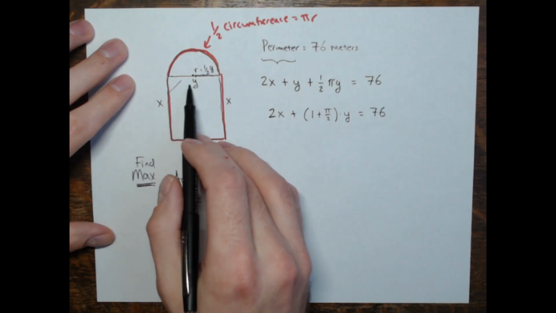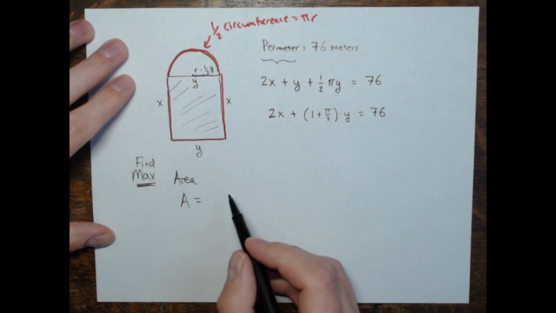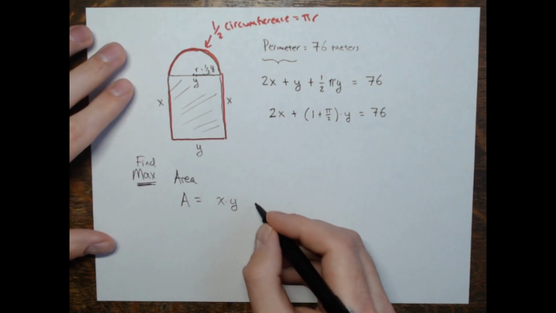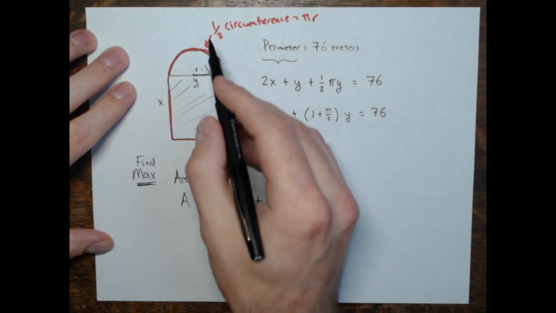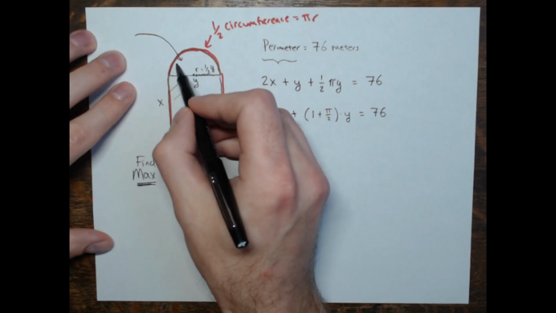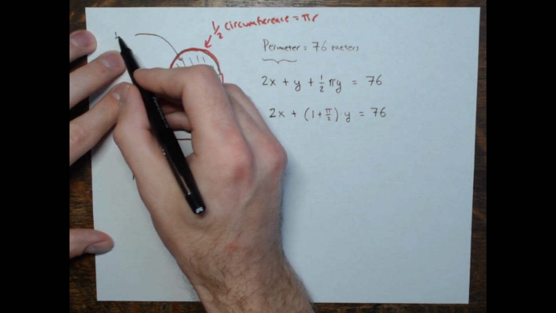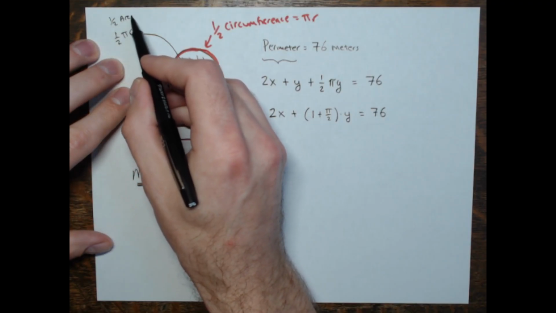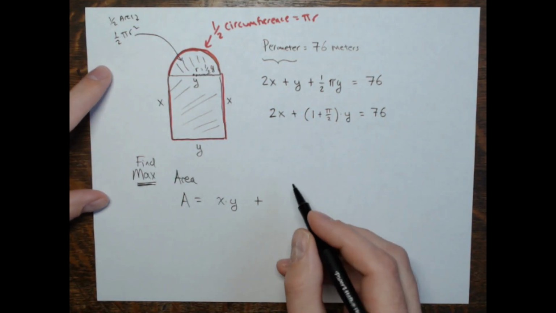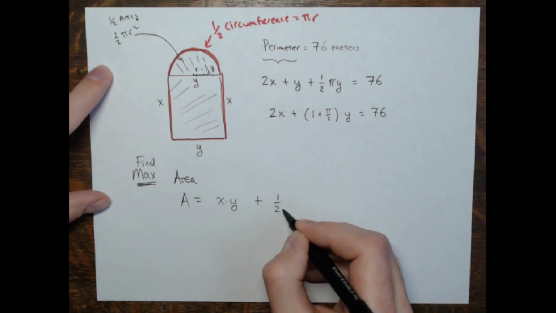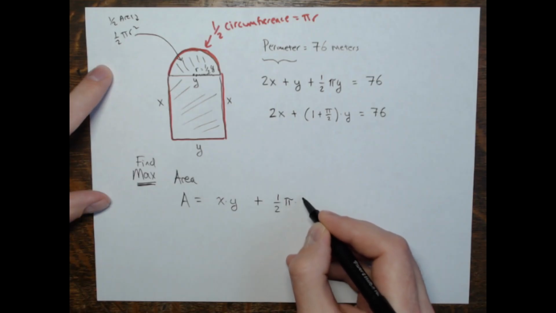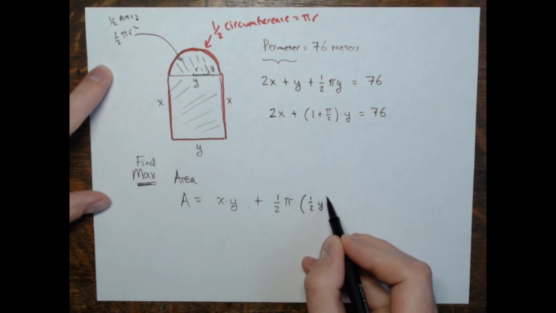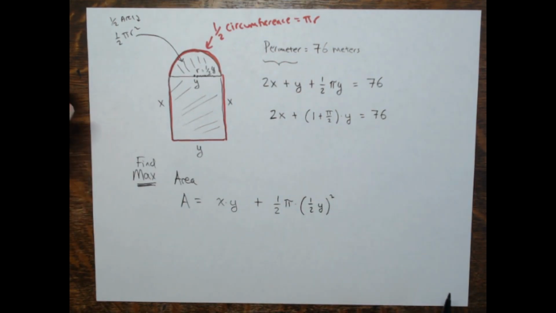So we've got the area of the rectangle, the space inside the rectangle, which would just be x times y square meters, plus the half circle. Remember that'd be half pi r squared, half the area of a circle. So that's plus half of pi times r squared, where r is half y, so half y squared.